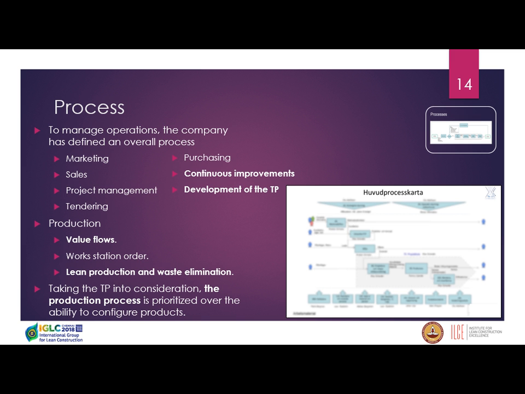They have made processes for different parts of their operations, and the production has assigned value flows and workstation orders. They use lean production and waste elimination. They've actually won a prize in Sweden for best lean practice in the construction sector last year. So in production, they're pretty well developed when it comes to using lean.